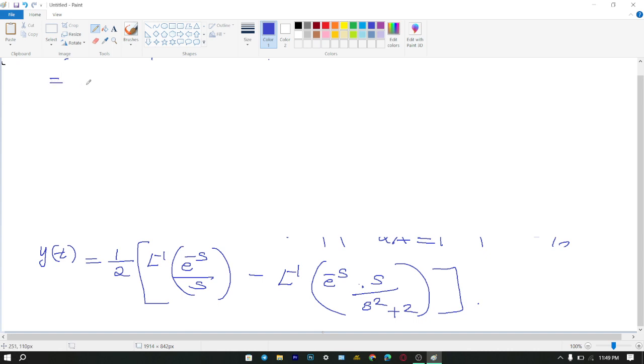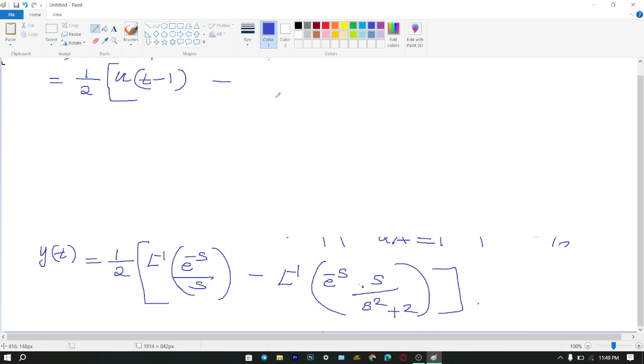That is equal to 1 by 2. Then L inverse of e raised to minus s by s is the unit step function u of t minus 1. So this is u of t minus 1. Then minus L inverse of e raised to minus s by s square plus root 2 square.